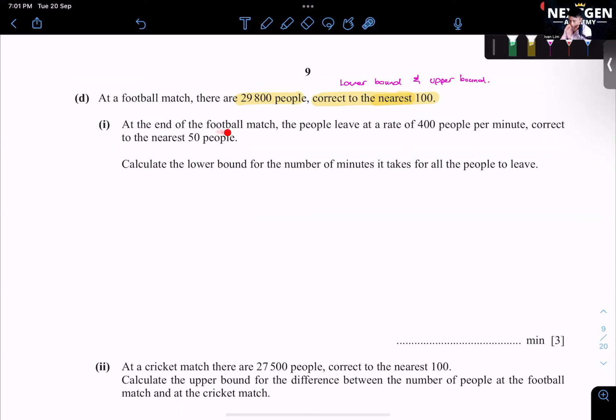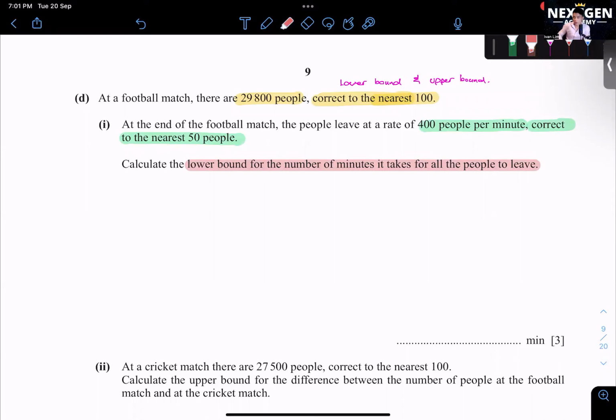At the end of the football match, the people leave at a rate of 400 people per minute, correct to the nearest 50 people. Calculate the lower bound for the number of minutes that it takes for all the people to leave.